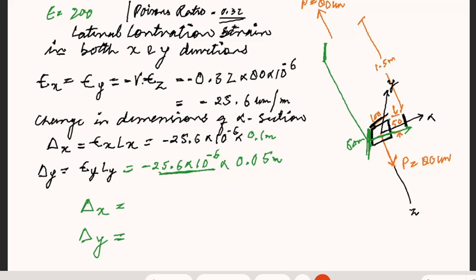Delta x is how much? Minus 256 into 10 raised to the power of minus 6.